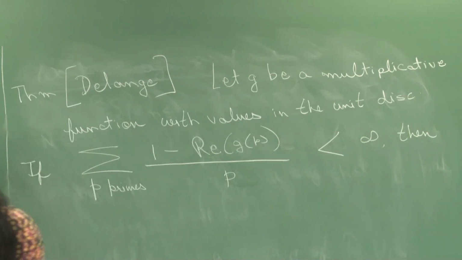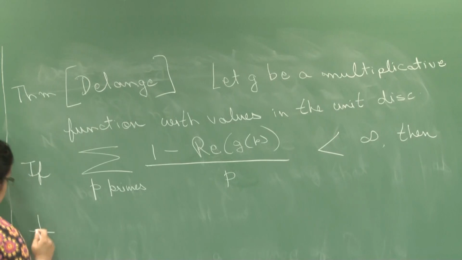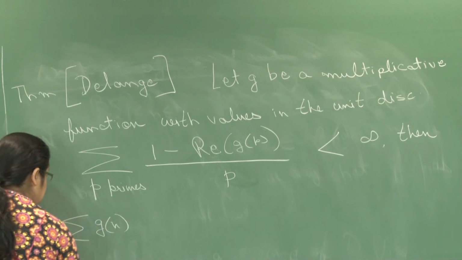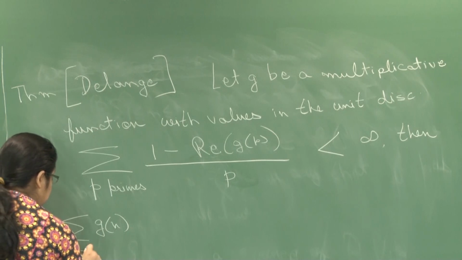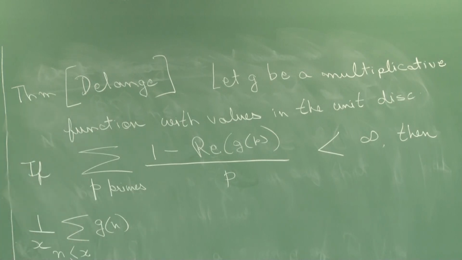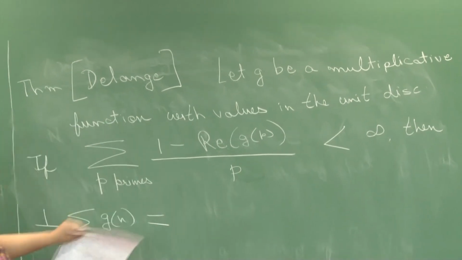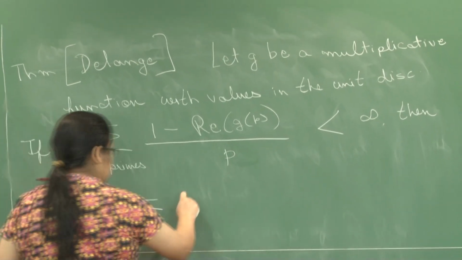then the average order of our function g of n is equal to the following product.